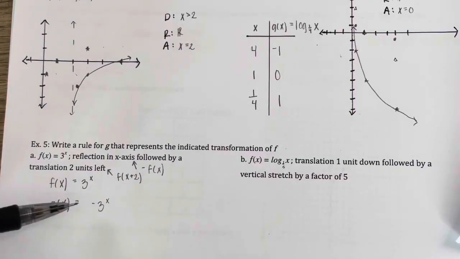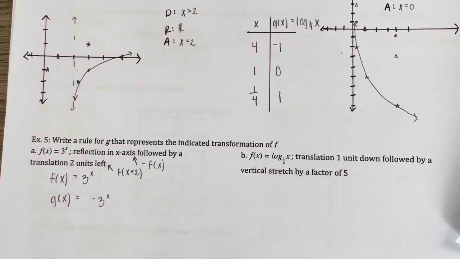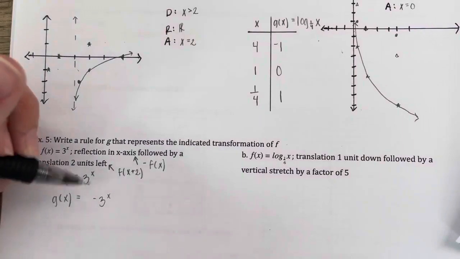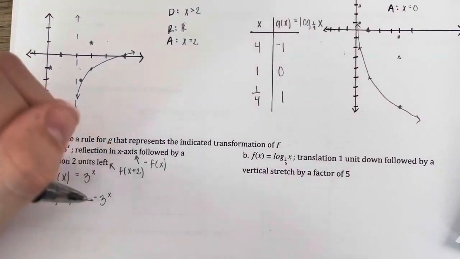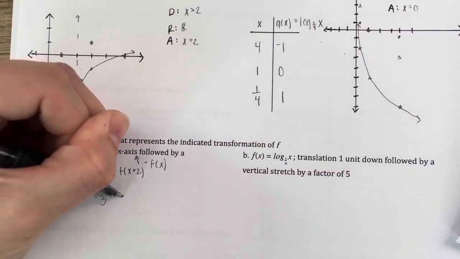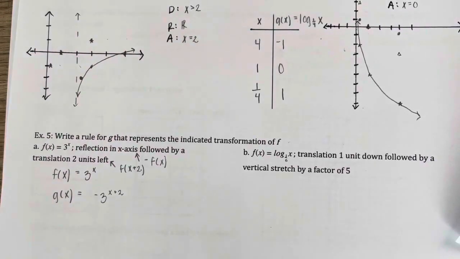So having the negative out in front is all you need. If you put the negative in parentheses, it ruins the function. It's no longer an exponential function, because if a negative number is raised to a power, it's going to oscillate back and forth because the output is going to become positive and negative. And then lastly, if I want to translate 2 units left, I just need to add 2 to x. So g of x equals -3 raised to the x plus 2 power.